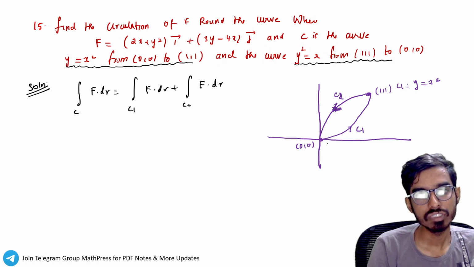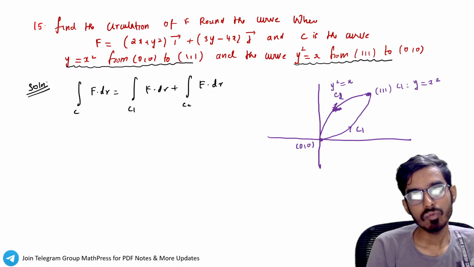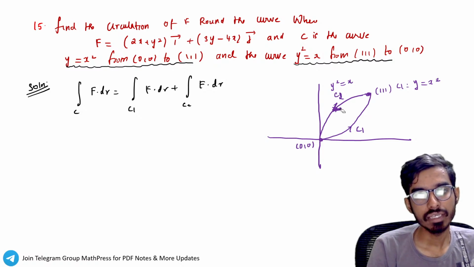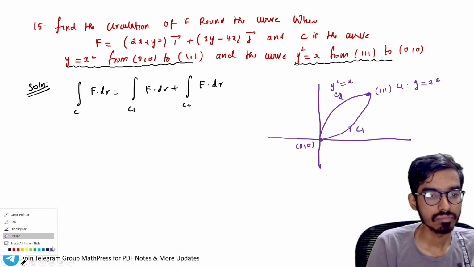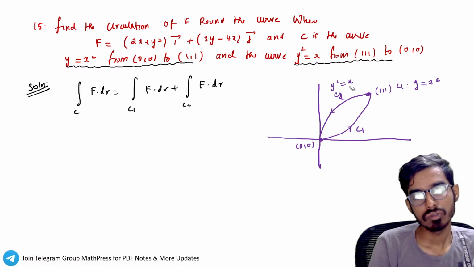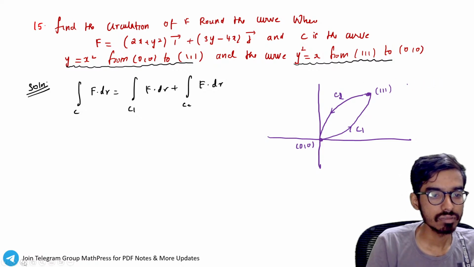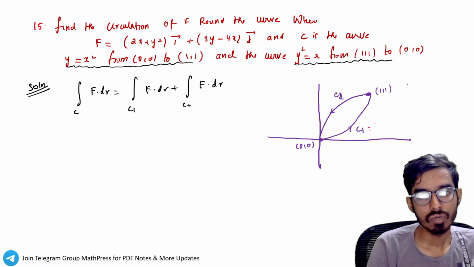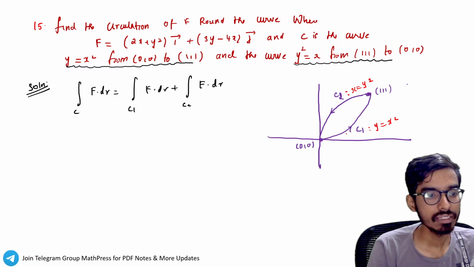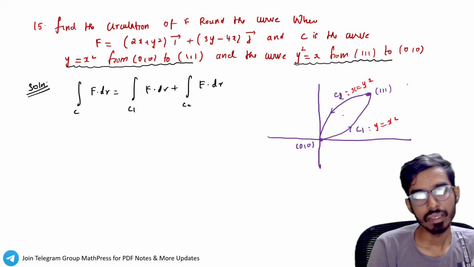So C1 is from (0, 0) to (1, 1), and the curve y square is equal to x goes from (1, 1) to (0, 0). You can see I'm using this arrow mark: C1, C2.